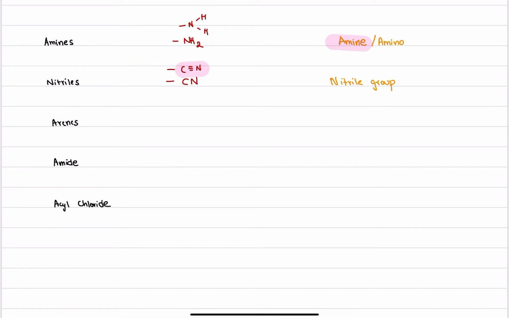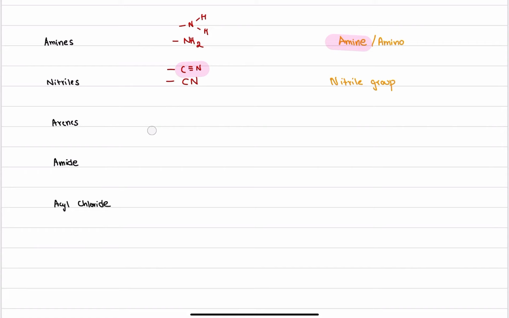Then we move on and talk about arenes. Now, if you have watched lecture number 0, you would have seen that there are some aromatic hydrocarbons, which we will talk about in A2 organic in detail, but we will touch upon them in AS. And we said that these are our benzene and its derivatives. So benzene was C6H6, all right?